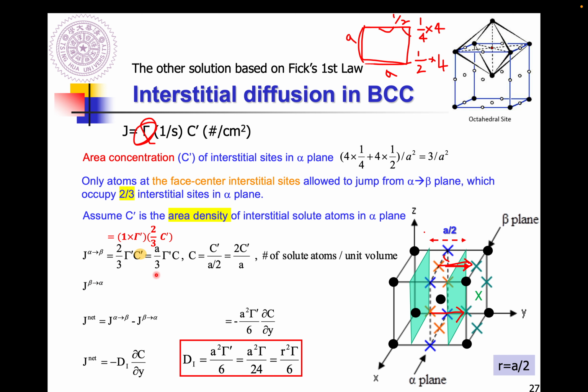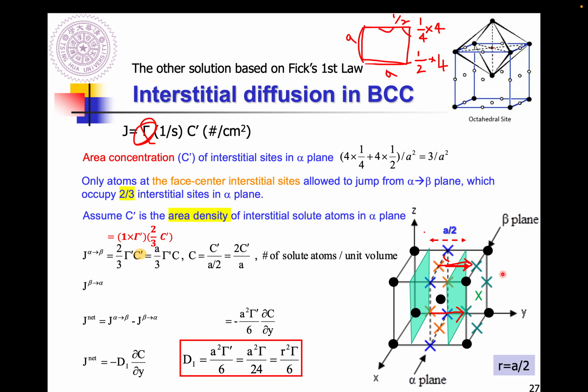I already get the result here, a divided by 3 gamma prime C prime, right? But next I want to know the flux for the solute atom jumping from beta to alpha. So it will be beta jumping back to alpha. If you use the same thinking logic, finally after the derivation you will get the same value as this one, because if you count the total area, C prime is also half.